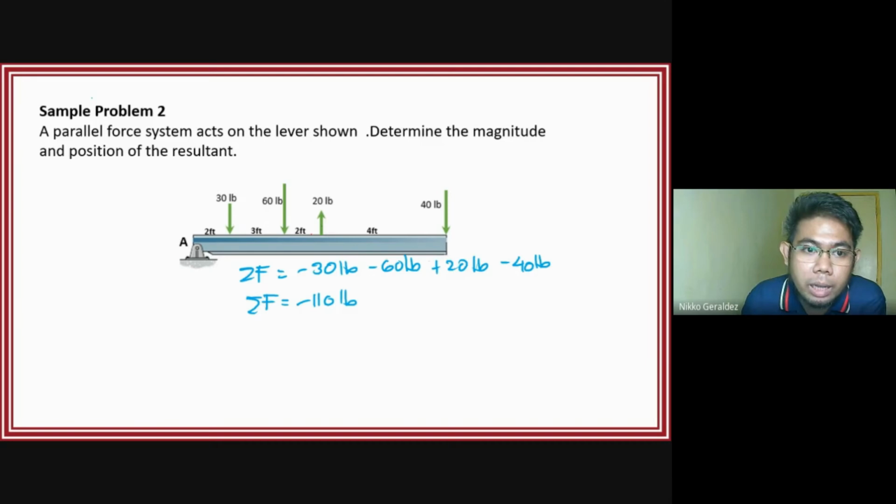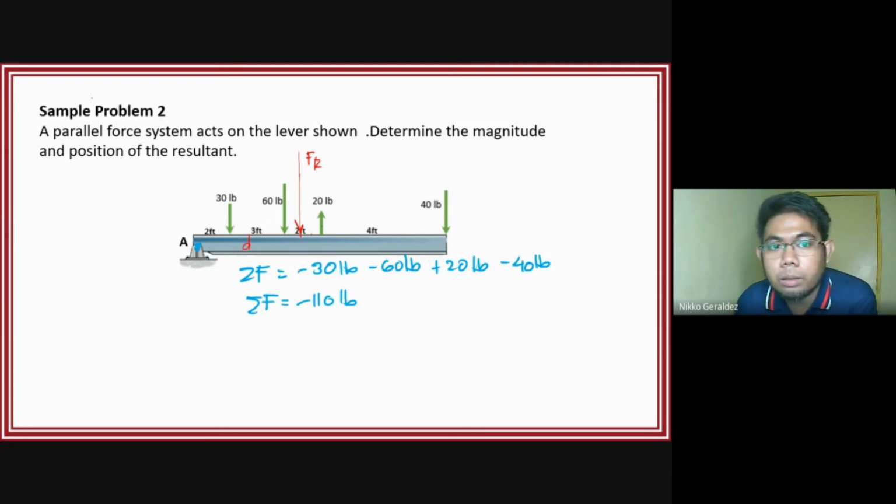O next, no? So mag-moment tayo at A. So moment at A, no? So ang position ng resultant moment mo, ito nasa right of A, no? So let's say nandyan, the resultant force times D. So, moment at A, no? So, ano yung moment na mapoproduce ng resultant force?